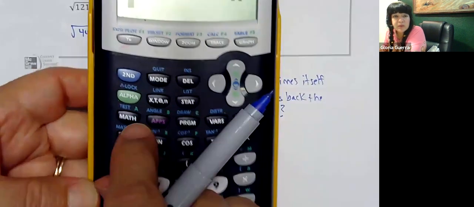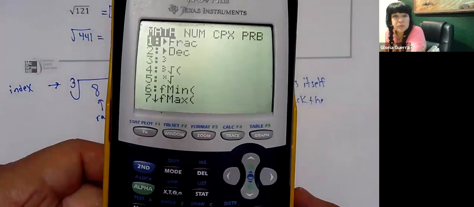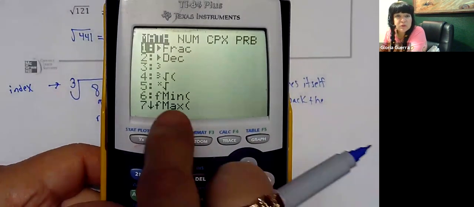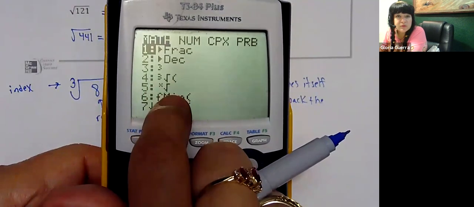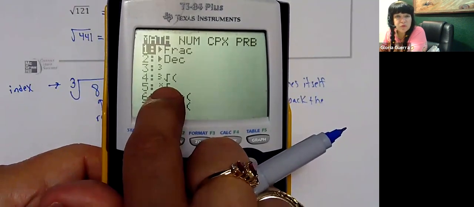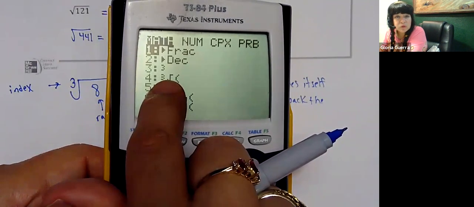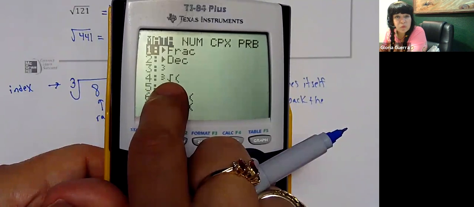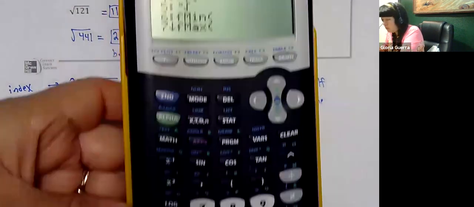Let me check out the math button. Math. You're not going to have any on your homework, but there, yeah, there's the cube root. And this is like if you had a 4th root, a 5th root, a 6th root. So that's number 4. Okay, so let's try that. Let's hit 4.